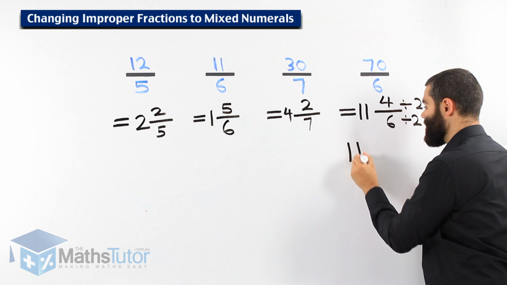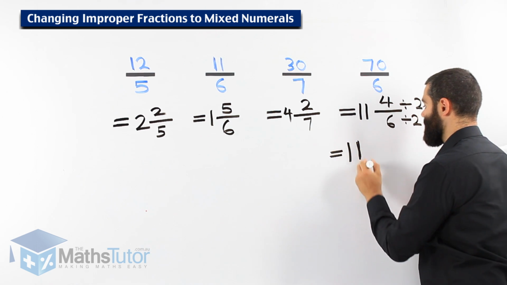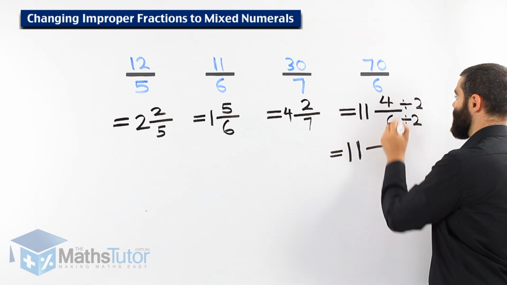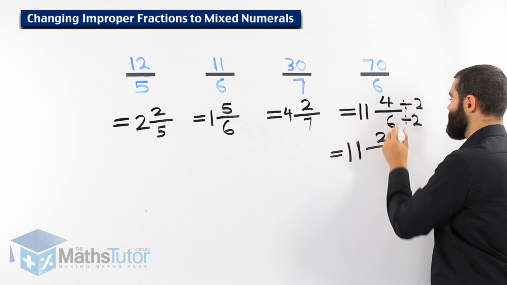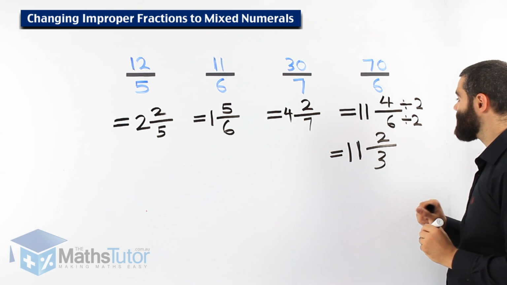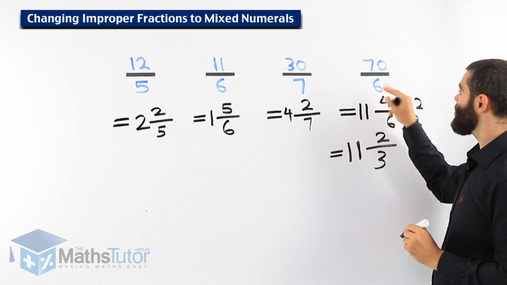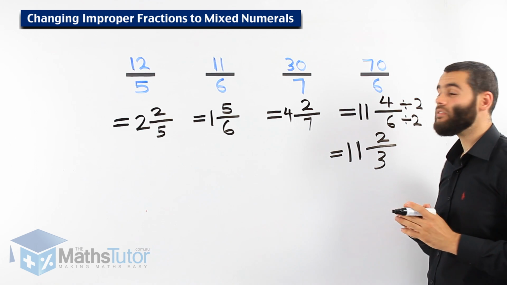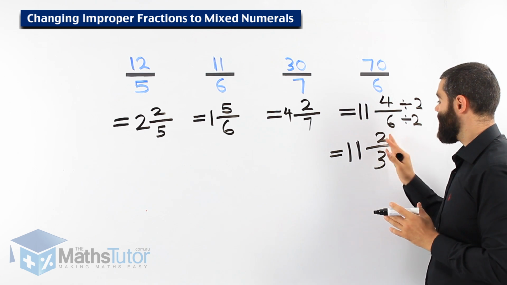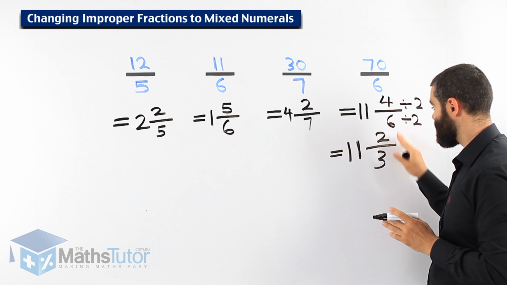So our final answer will be 11 wholes, and 4 divided by 2 is 2, 6 divided by 2 is 3, 11 and 2/3 is our final answer. So 70 over 6 becomes 11 and 2/3 in simplest form.